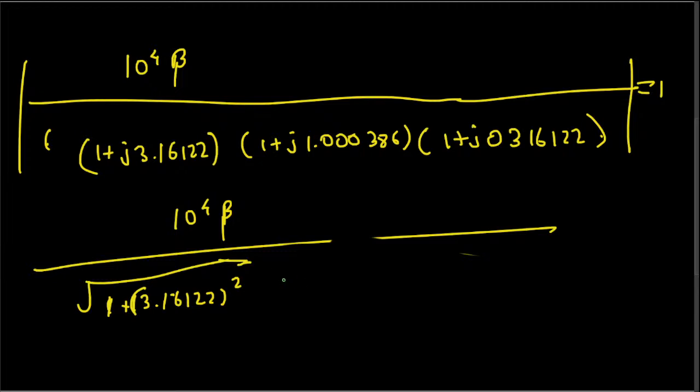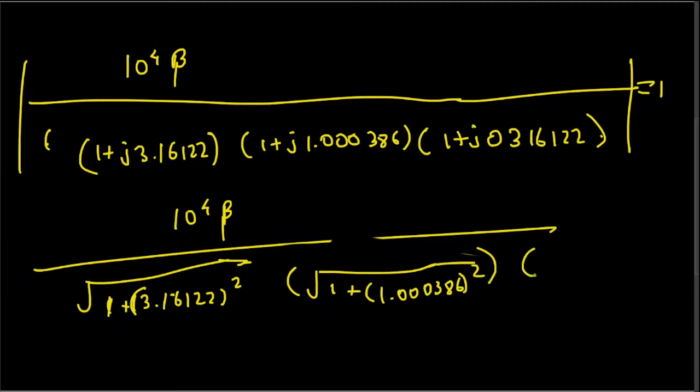Then this is multiplied by the square root of 1 plus 1.000386 squared, and that is multiplied by the square root of 1 plus 0.316 whole squared, and the whole thing is equal to 1.